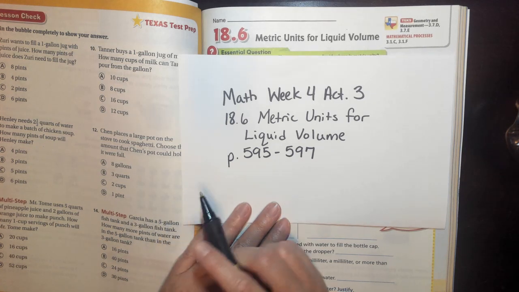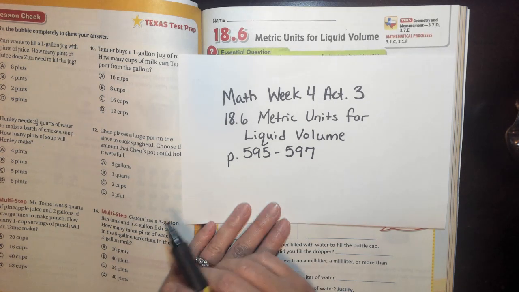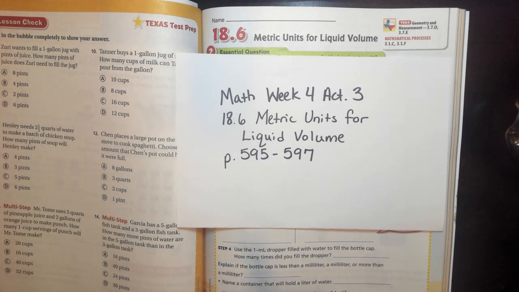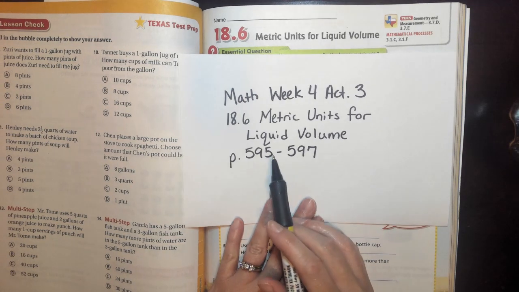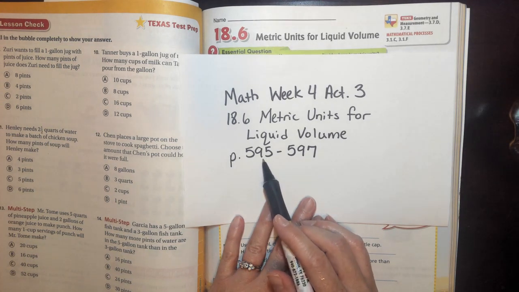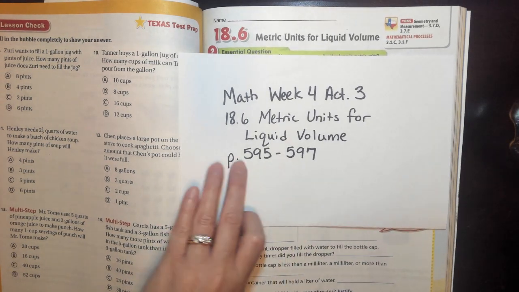But actually here in the United States you'll see both things listed on containers, so we kind of do both. We're going to be looking at page 595 through 597.